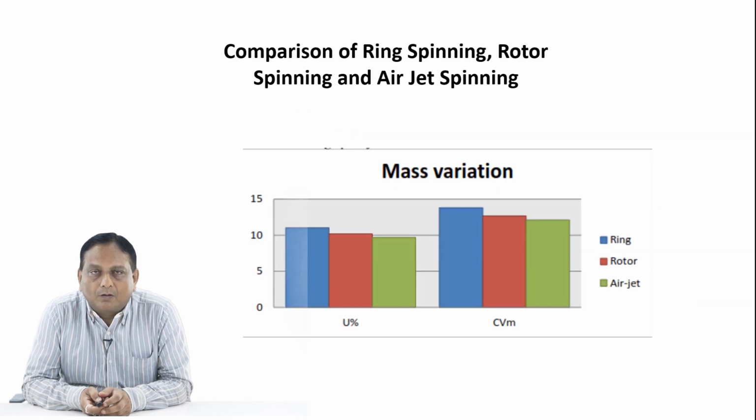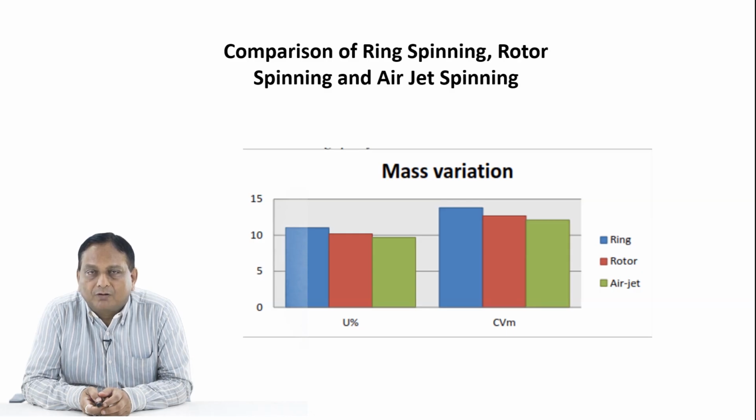So this is the basic comparison between the ring, rotor and air jet spun. Now in a diagrammatic representation, if you try to see the mass variations in terms of U percentage, unevenness percentage, and CV, coefficient of variation, you can see where it stands.